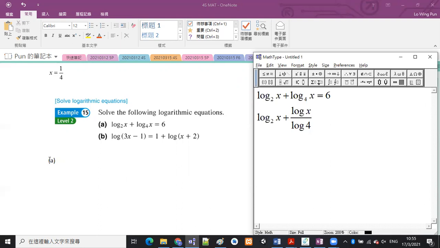But these two logs will have a new base. And the new base will be following the other base that I want it to be. That's base 2. Okay? And then right-hand side is no change. Follow? Then this log 4 base 2. You know that 4 is actually 2 squared, right? 2 squared.